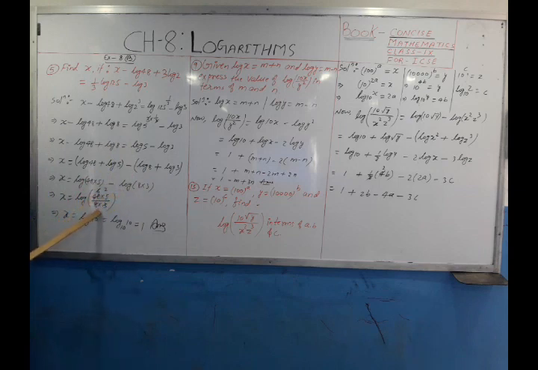Just calculate this and you will get log 10. So log base 10 to the power 10 is equal to 1. So x will be 1. This is your answer.